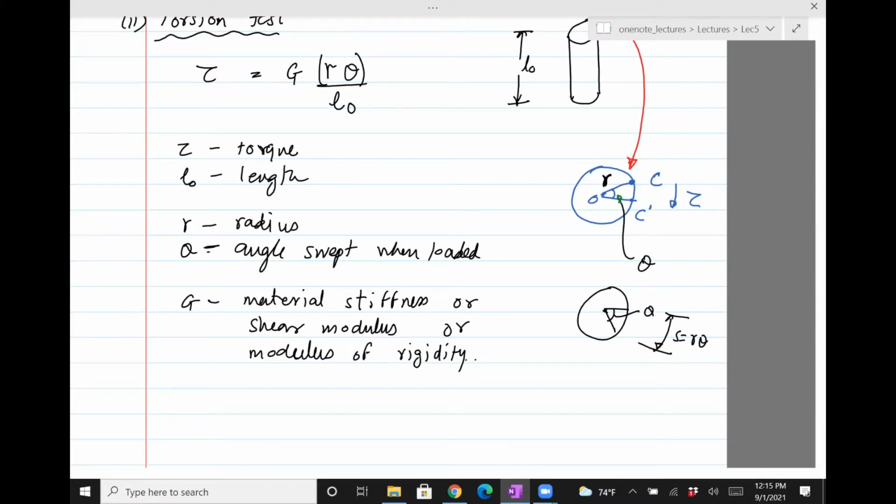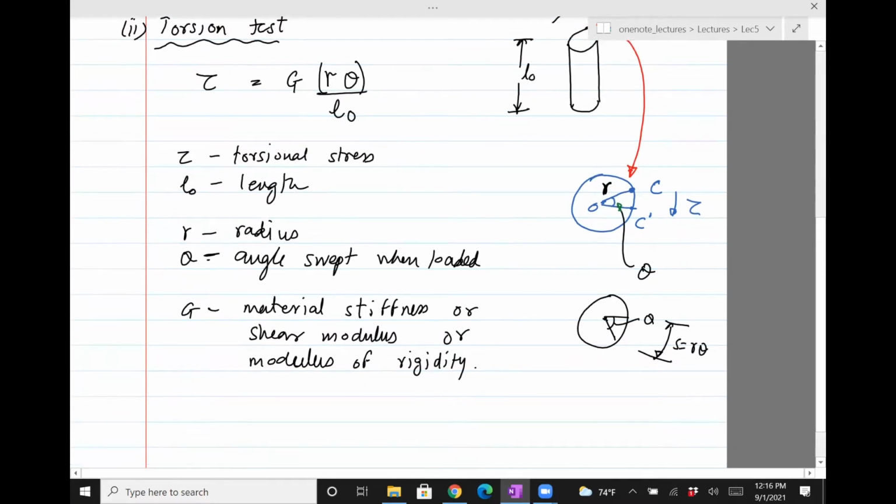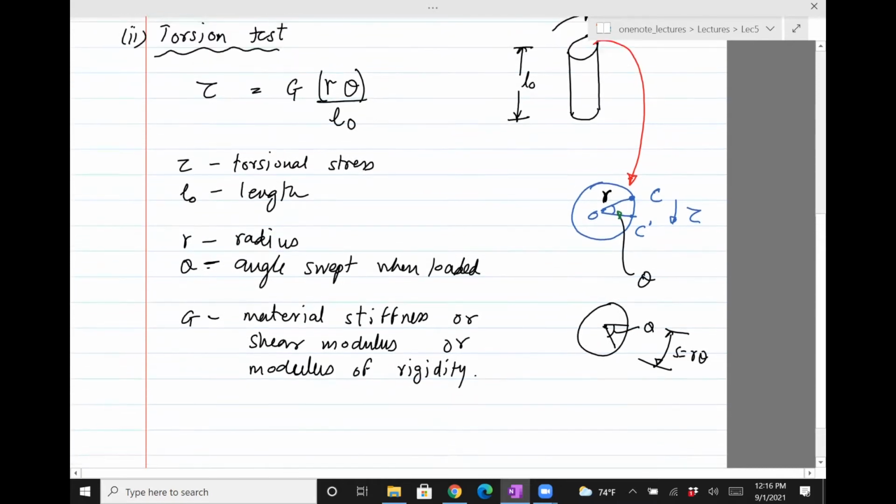Okay, my bad. This is actually not the torque. This should be the torsional stress. So if you do the units, then that will be more appropriate. So just correct that: torsional stress, tau.